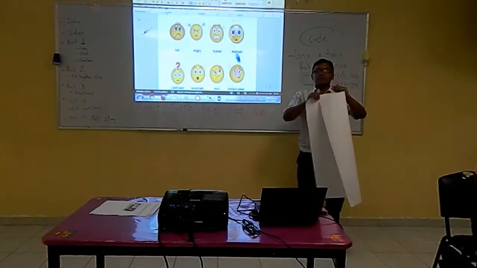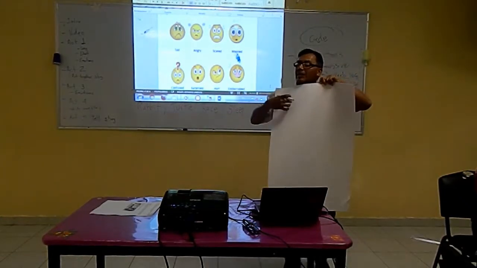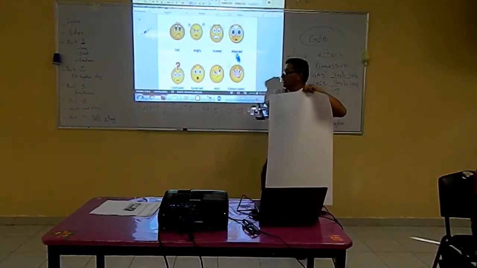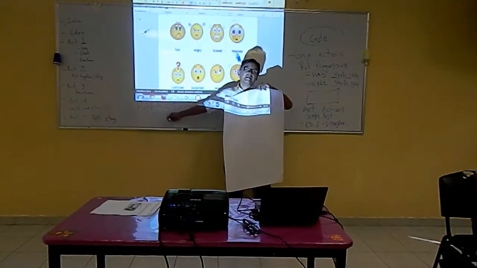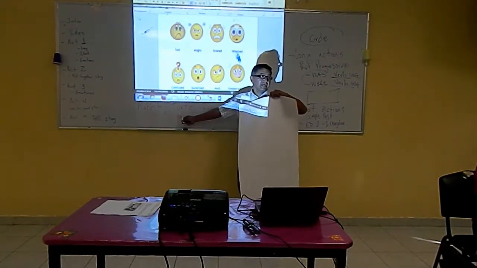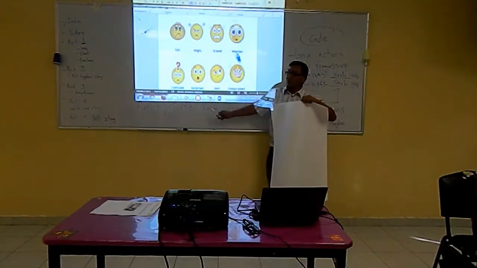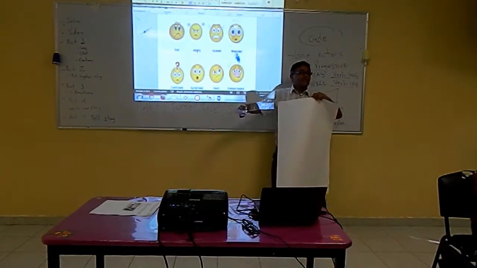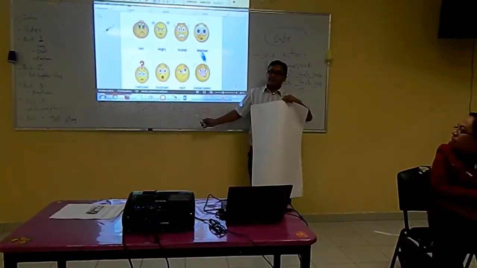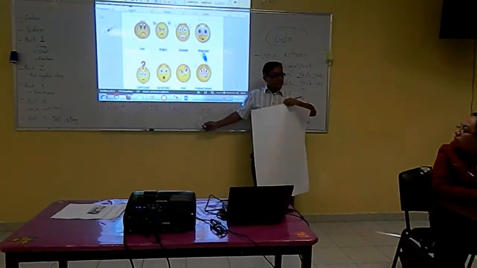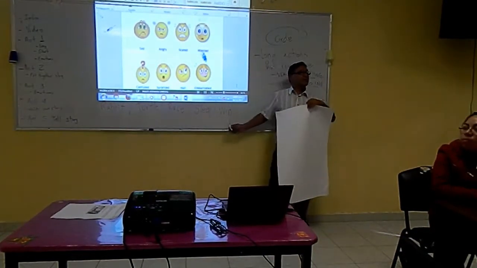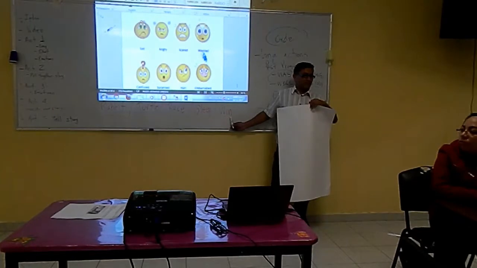Okay. All right. Please then write a short story about a rabbit and a turtle. And in that story, there will be a race. And somebody is going to sleep, and the other one is going to win. Okay?